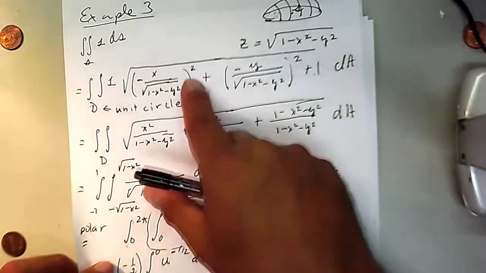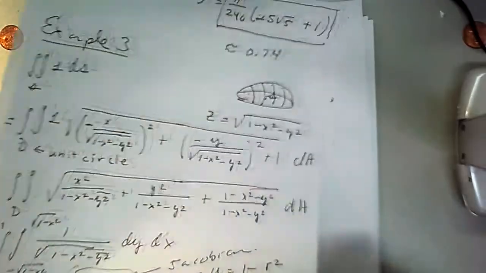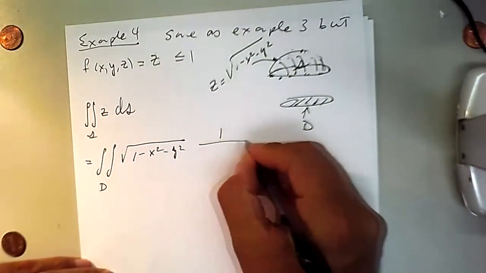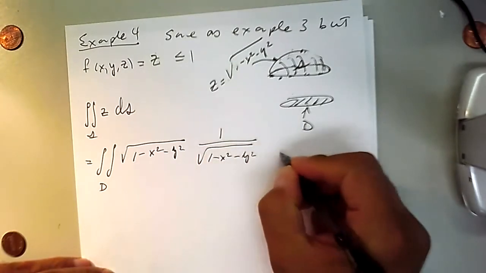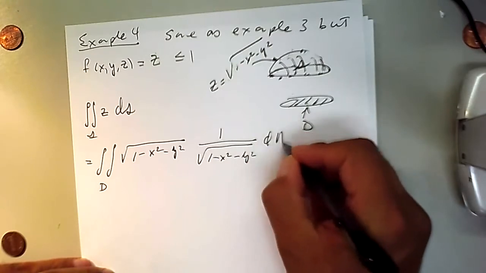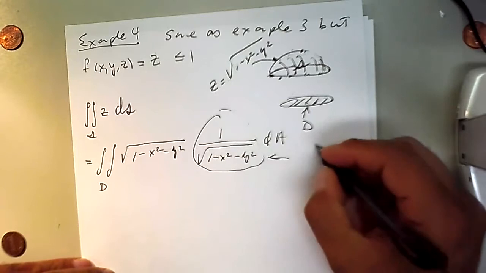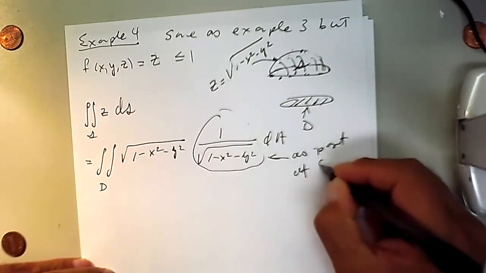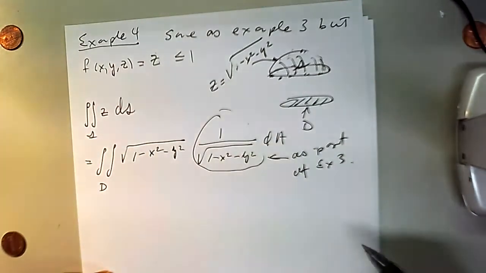We already did the work in example 3. So we have 1 over that root: 1 over the square root of 1 minus x squared minus y squared with respect to the area. And this factor came as part of example 3, which we just did, because that is example 4.